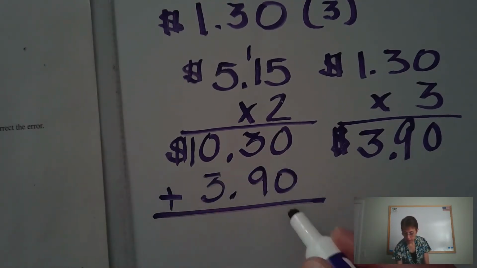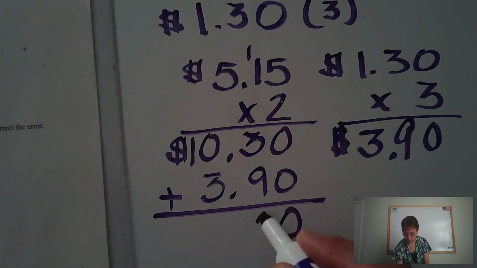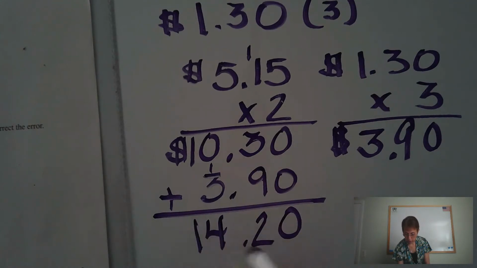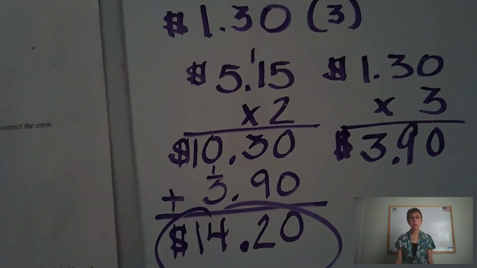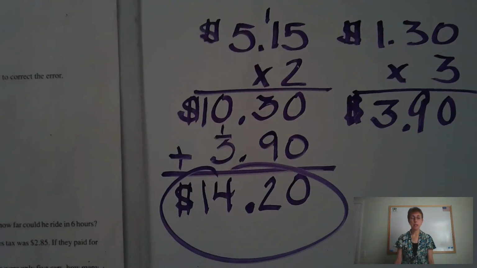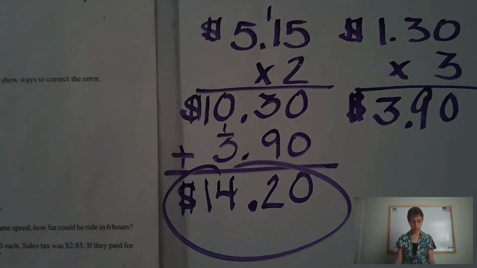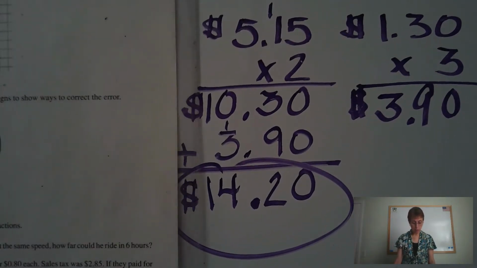So we add that, 0 plus 0, 3 plus 9 is 12, 1 plus 3 is 4, 1 plus nothing is 1. Again, remembering to bring down the decimal point and bring down the dollar sign. And so our total altogether is $14.20.